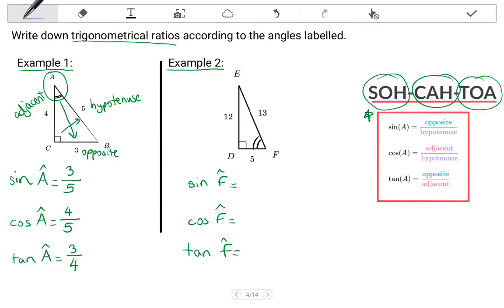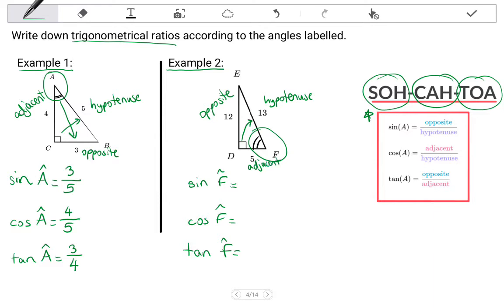In example 2, we have another triangle DEF, and F is the labeled angle. Let's identify the hypotenuse, opposite and adjacent sides. Hypotenuse is opposite of 90 degrees, and the side length of the hypotenuse is 13. The opposite is the side ED, which has the side length 12, and the adjacent of angle F is the side DF.